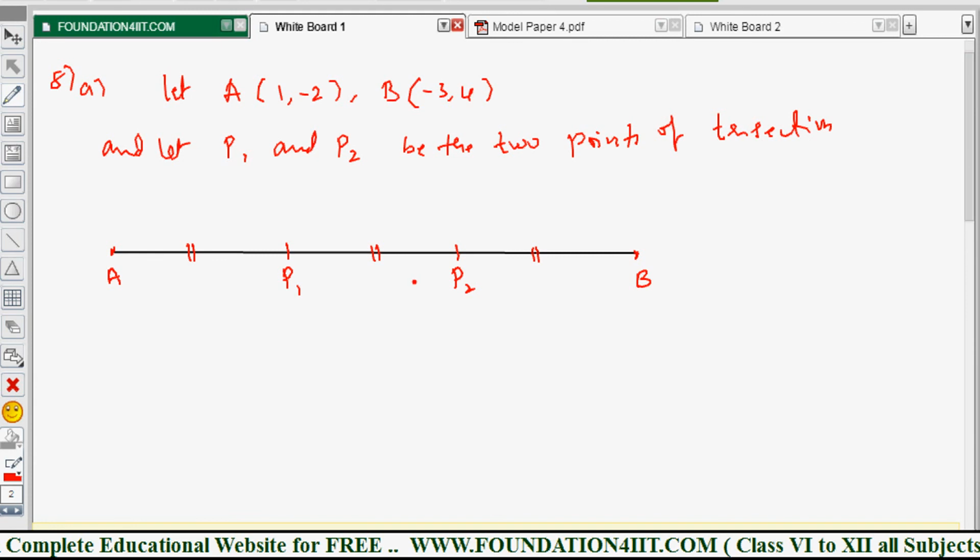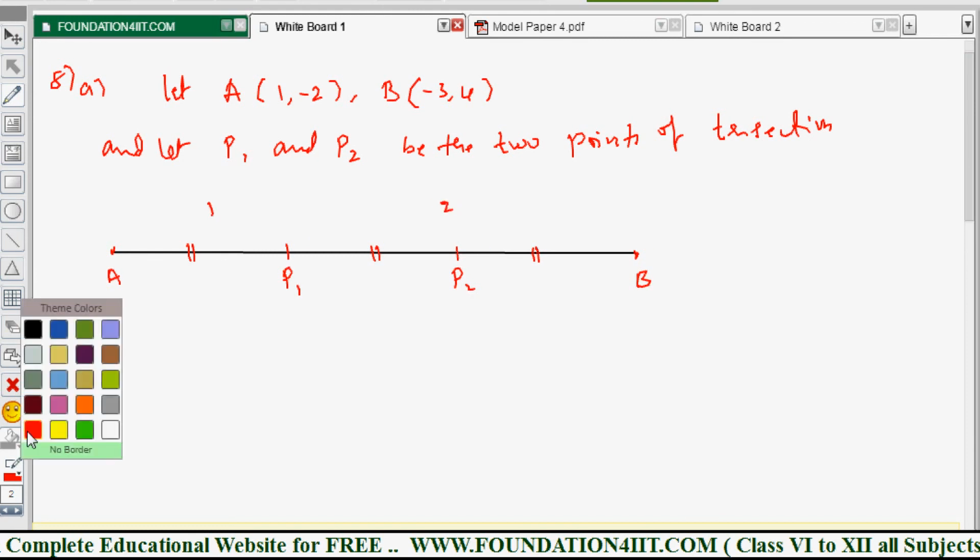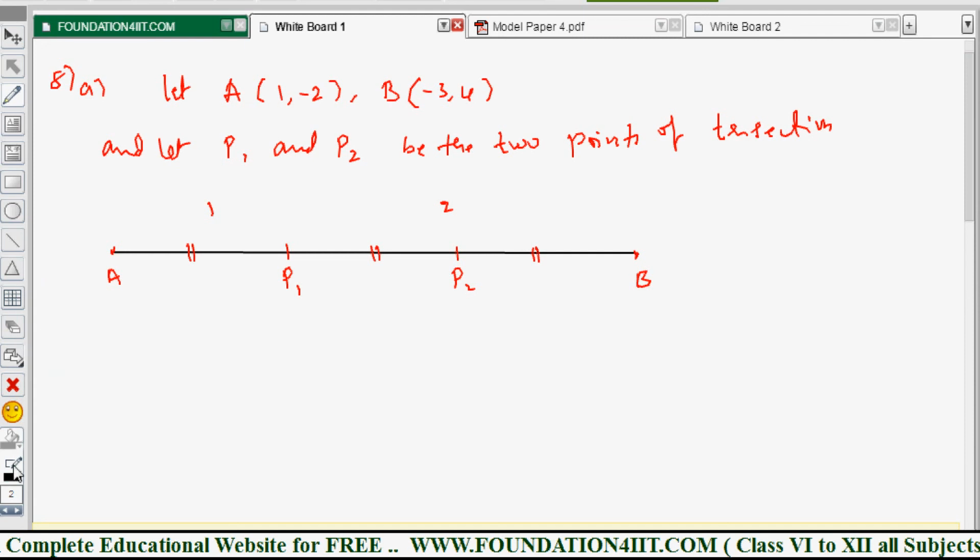Then the ratio, for example, if I want to find out the first P1 value, then P1, if you take A to P1 is 1 and P1 to B is 2 ratio. Let me see here. If it is 1 part and this must be 2 parts.